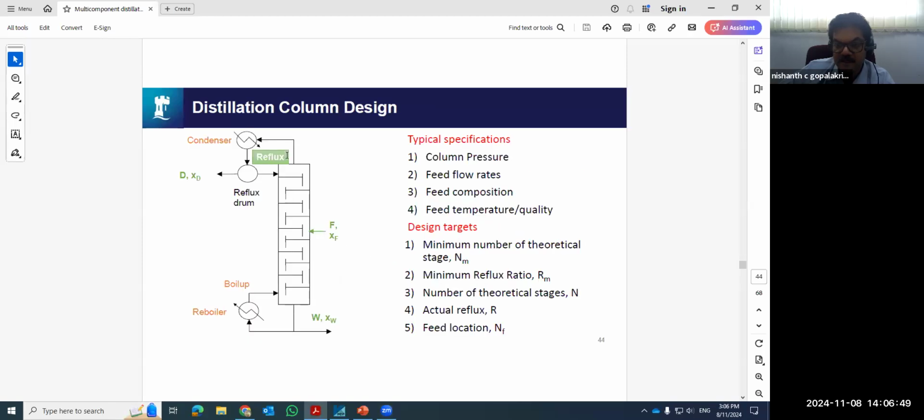So here is the column. In this column, when something reaches the condenser, it's coming in the form of vapor. Suppose this vapor temperature, what can we say about it? Remember, this is a mixture with many components. So what can we say about the temperature of this vapor?